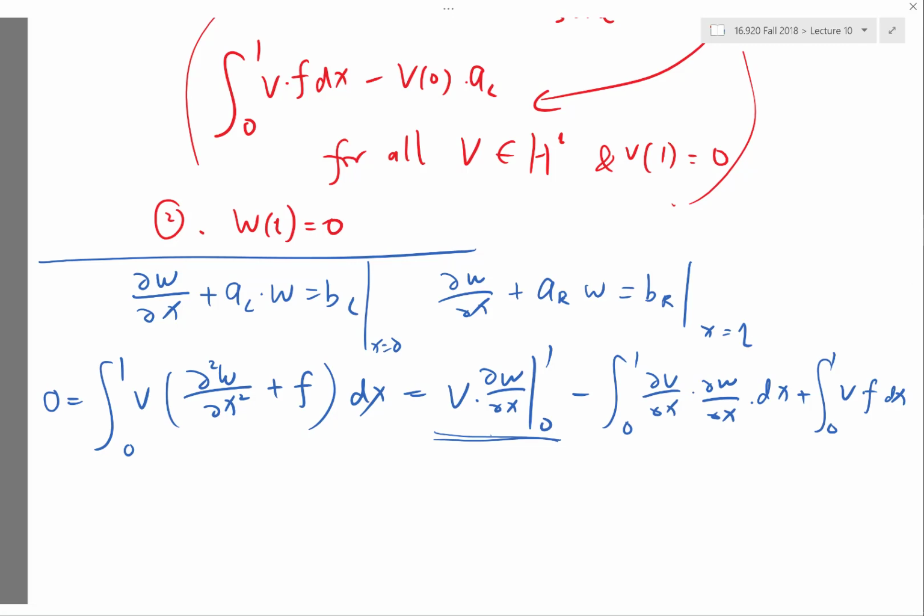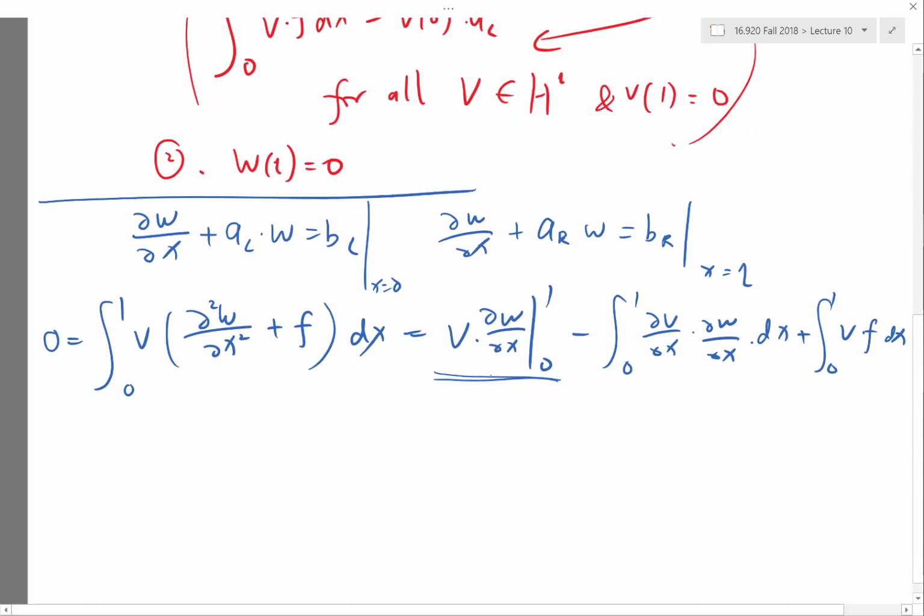Yes? dw/dx at 1 is BR minus AR times w. Right, so actually we can use the boundary condition to turn this into two terms. One term is symmetric, and the other doesn't depend on w. So dw/dx at x equal to 1 is equal to BR minus AR times w. We can see this becomes two terms.